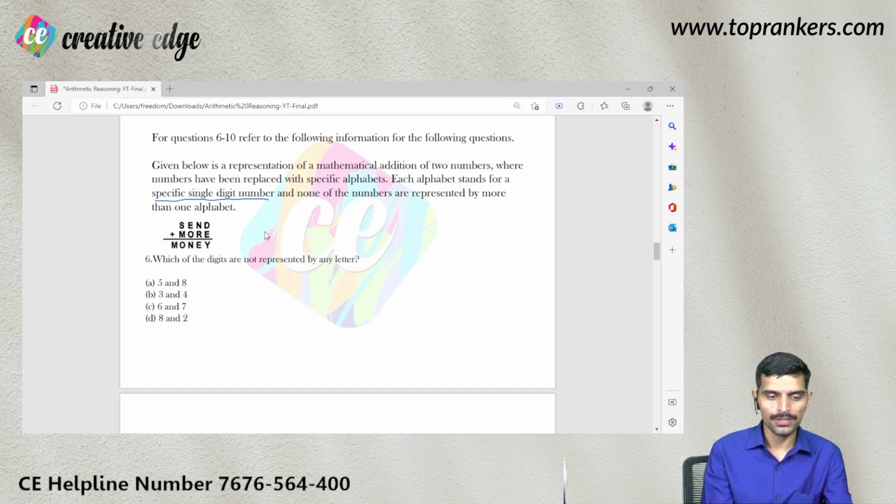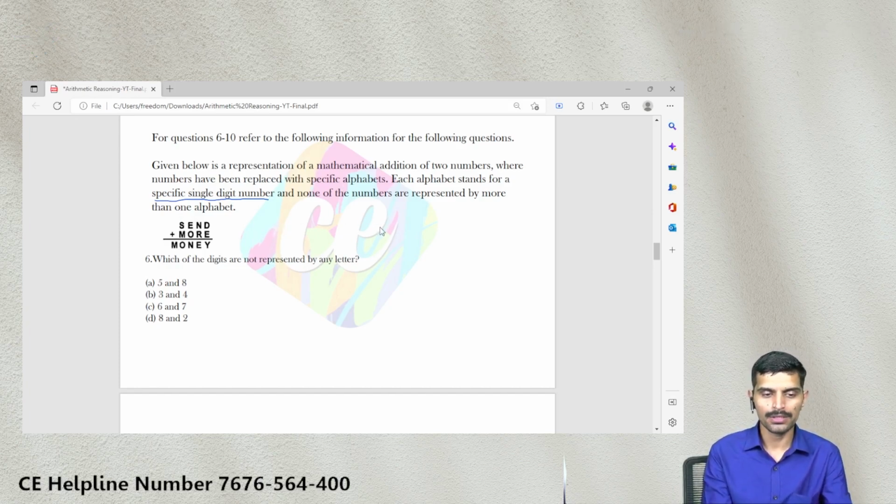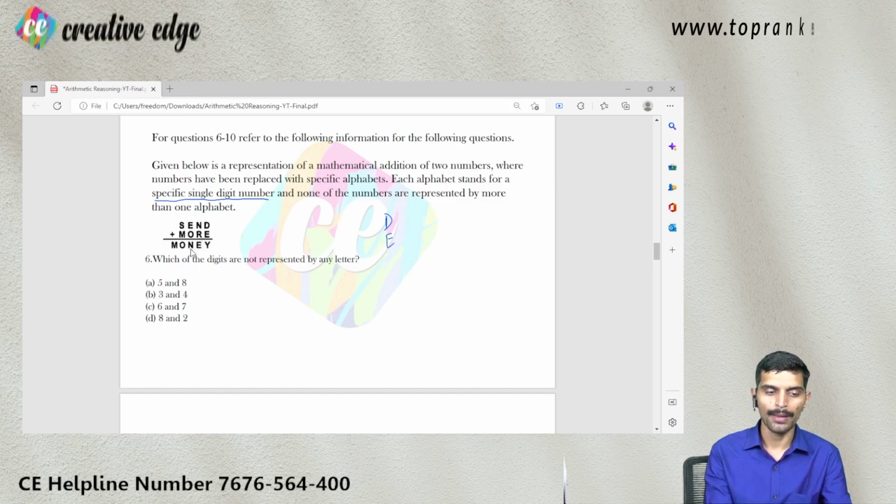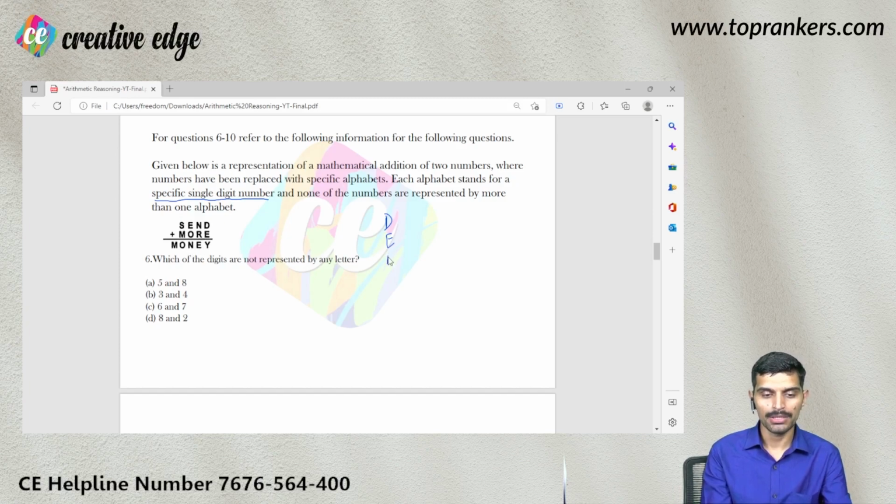So let's first of all note down the different alphabets that have been used here. The very first is D, and then the second one is E. After E, F, G is not here. H is also not here. H, I, J, K, L, M. M is here. N is also here.